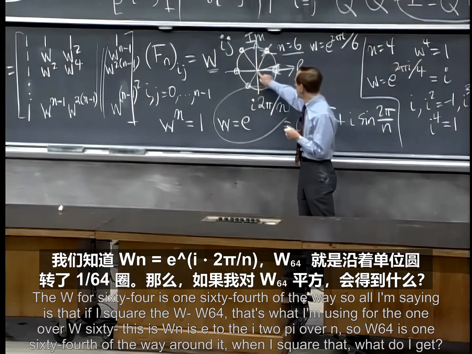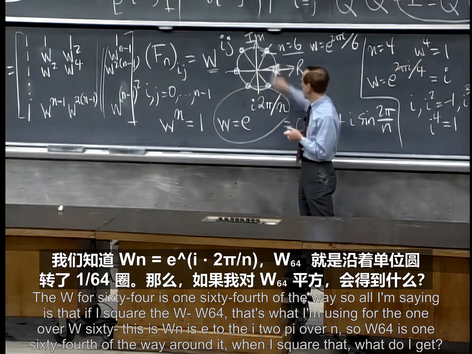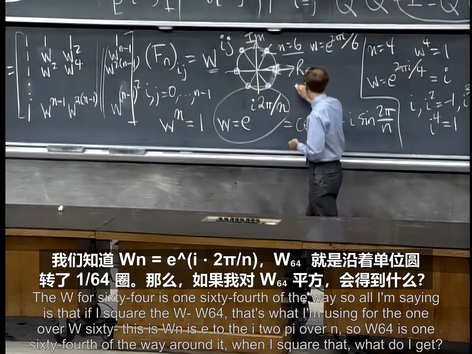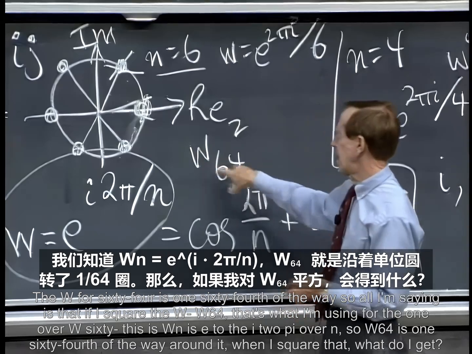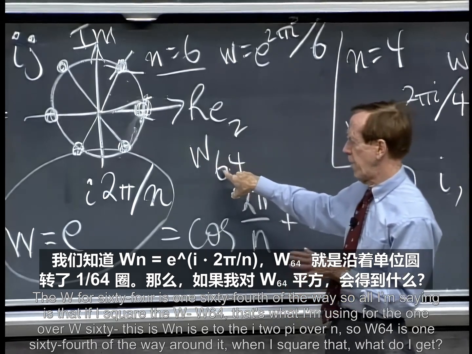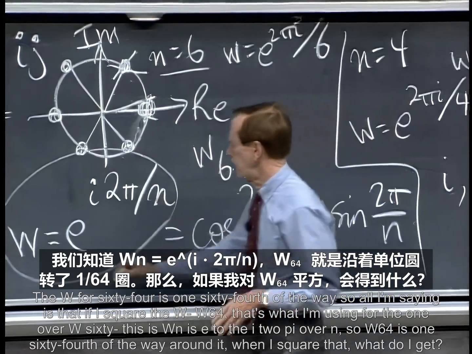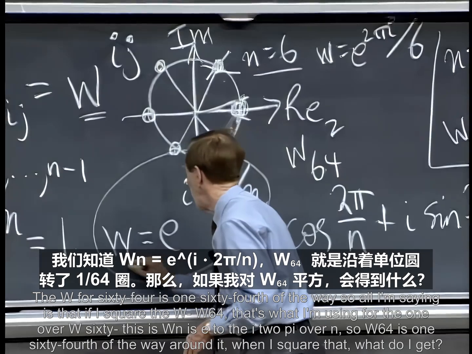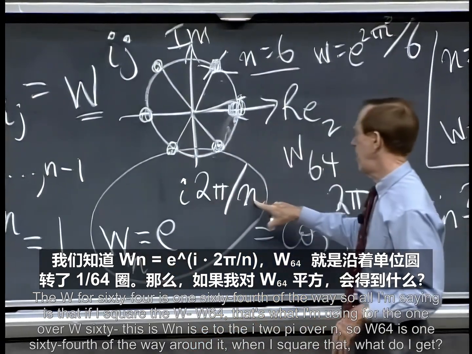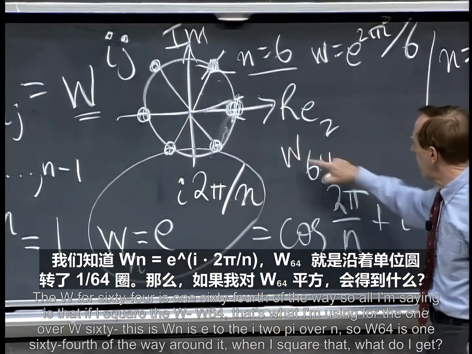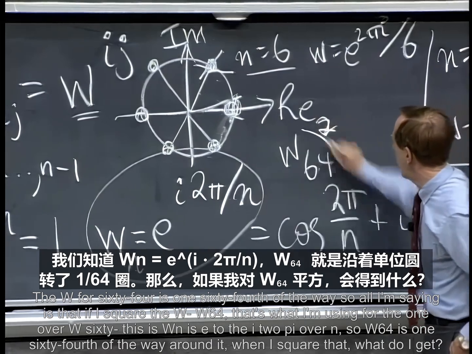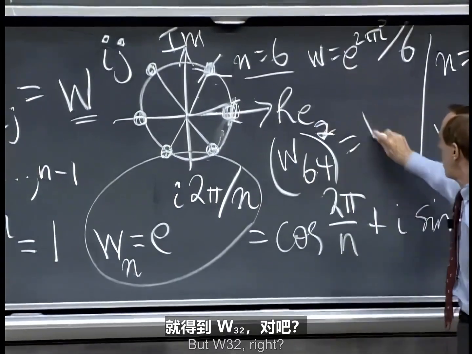The W for 64 is 1/64th of the way. So all I'm saying is that if I square the W64, that's what I'm using for the W32. Wn is e to the i 2 pi over n. So W64 is 1/64th of the way around. When I square that, what do I get but W32?